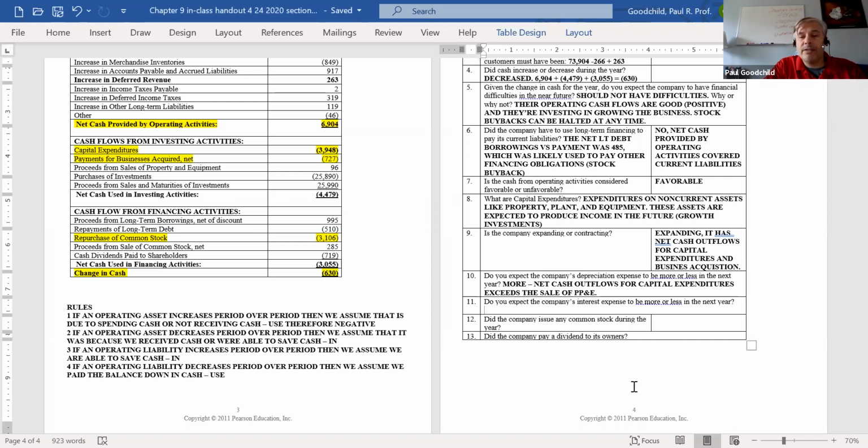Not getting as many answers on this one. What causes interest expense? Think about it that way. And then see if we have more or less of that.